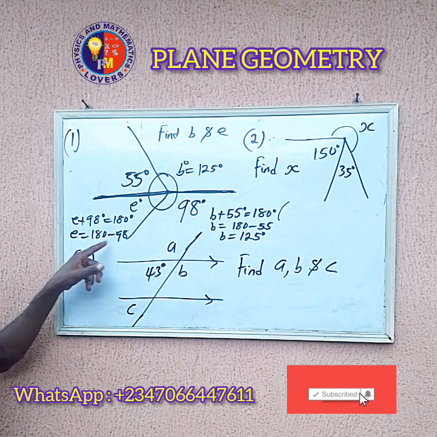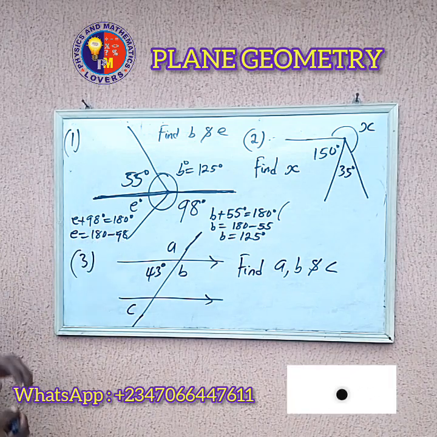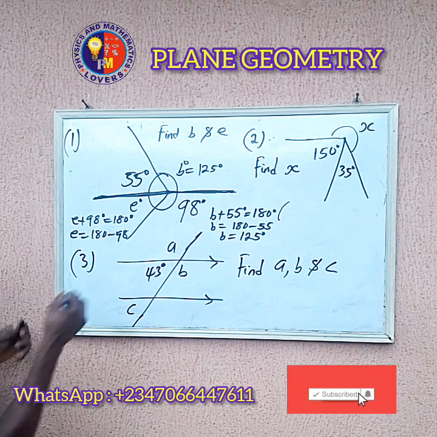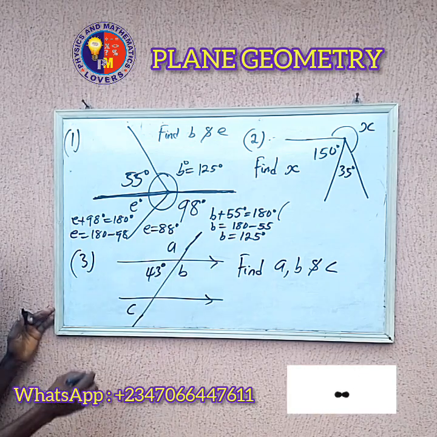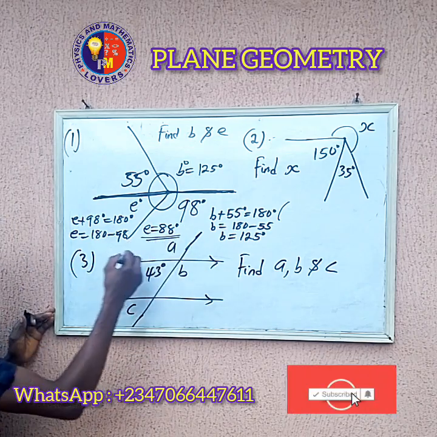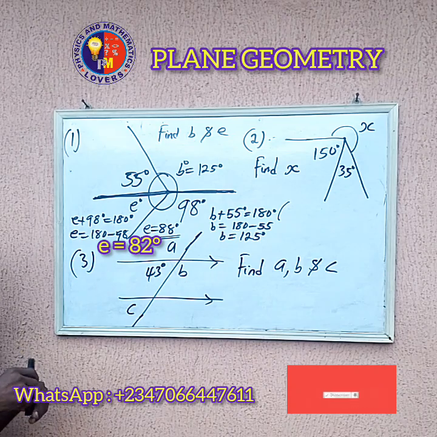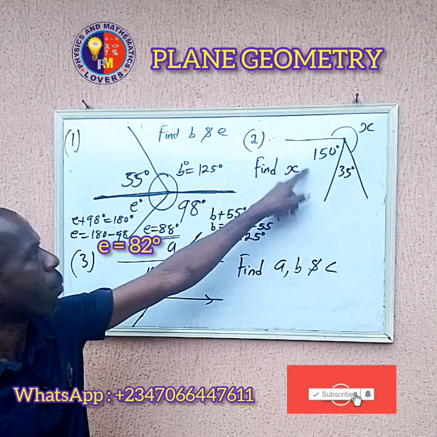So if I remove 98 from 180 degrees, E is going to give me 88 degrees. So this is for E. So our E is equal to 88 degrees.